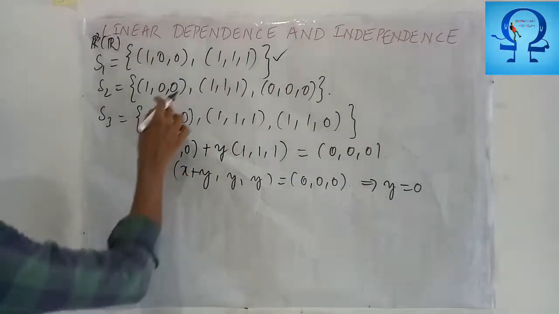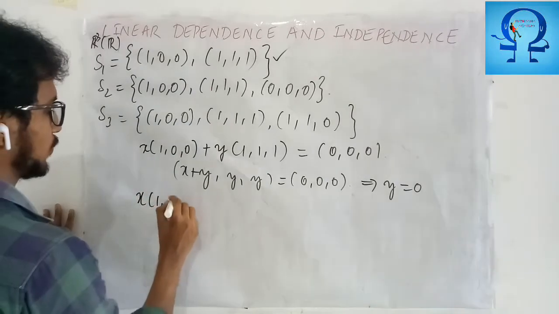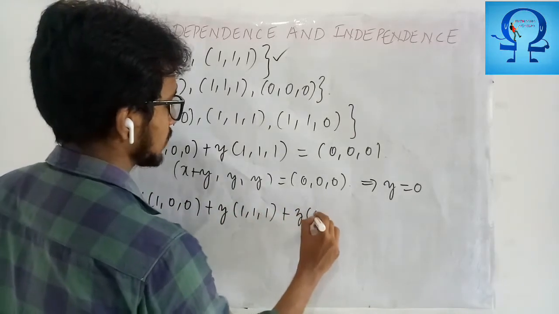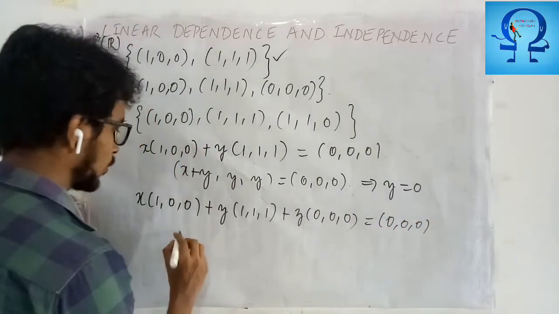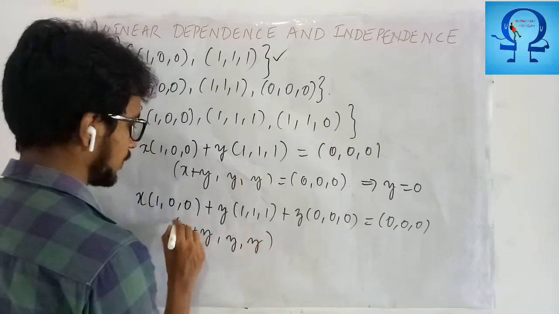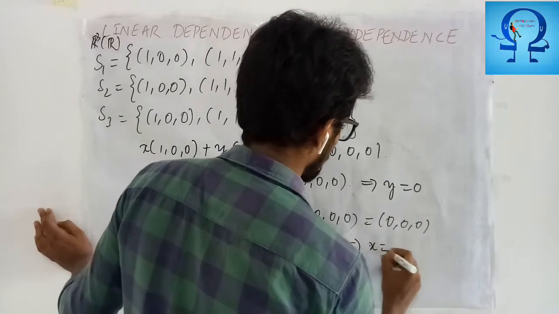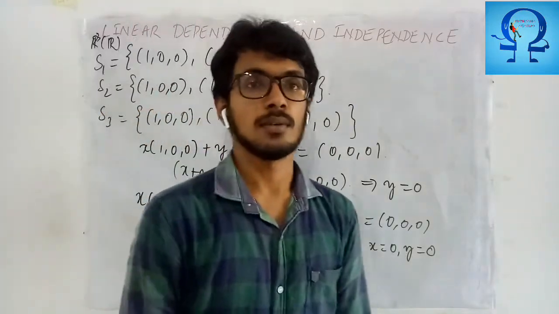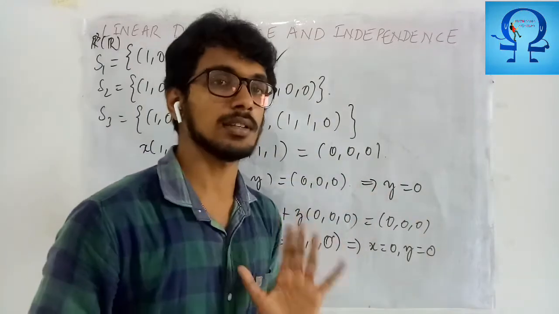Okay, next let me come here. Here x times 1, 0, 0 plus y times 1, 1, 1 plus z times 0, 0, 0 is to be equated to 0, 0, 0. What am I going to get? x plus y comma y is to be equated to 0. So this also is going to give you your x is 0 and y is 0. But you don't have any restriction for z. Whatever may be the value that you choose for z, this condition is satisfied.